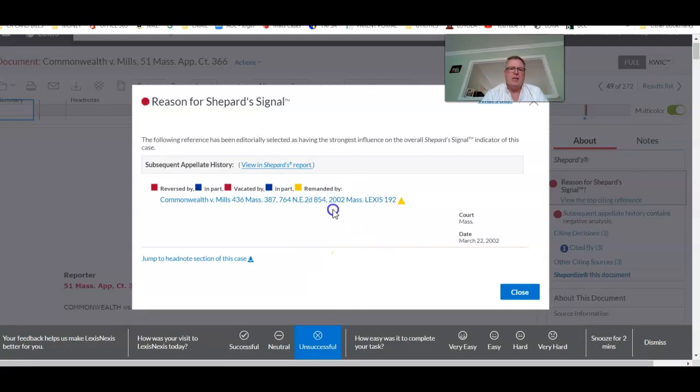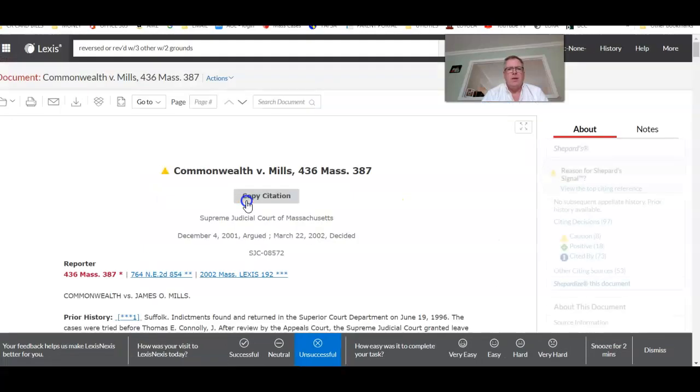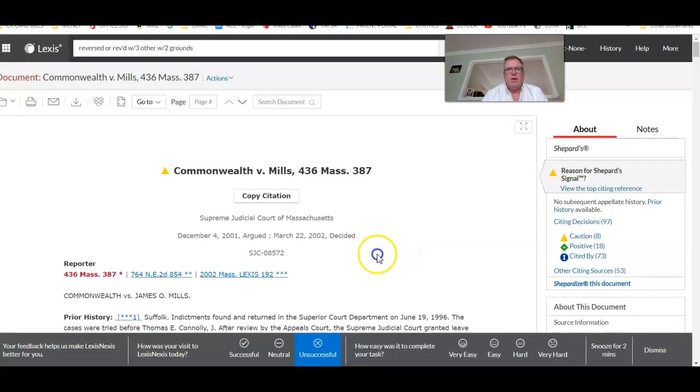Oh, okay, so yeah, it takes us to the top citing reference, and takes us to Mills again. So the name of the case that reversed it is also Commonwealth versus Mills, but it's an SJC case, not an appeals case. Okay, so we click on this Mills. We know it's probably the case that reversed it because it says Supreme Judicial Court.